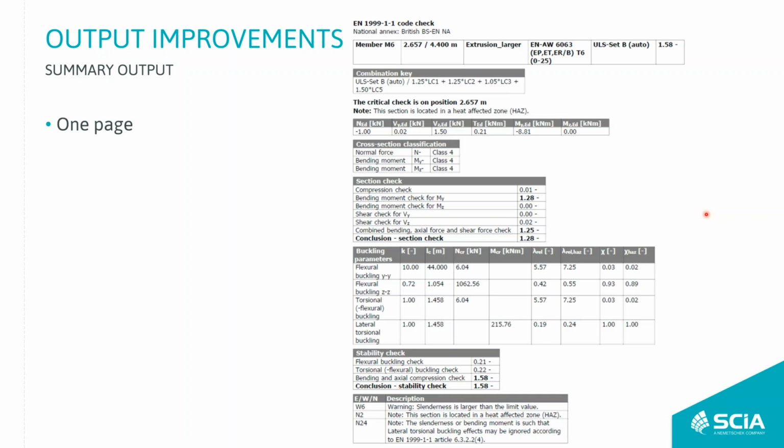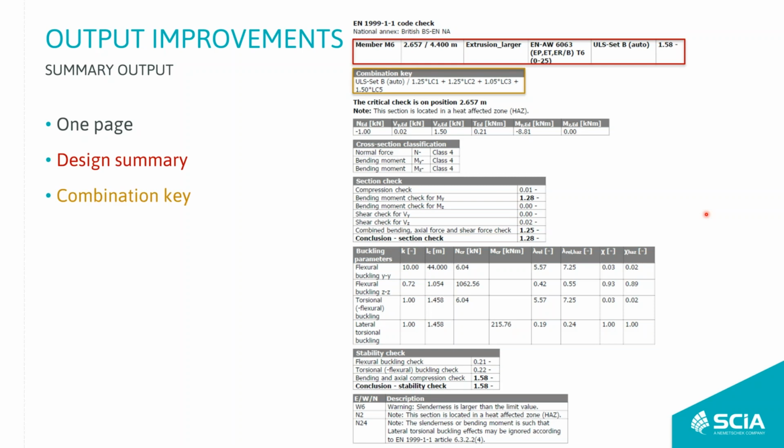So we concentrated on creating the summary output, which could fit one A4 page, where we include the design summary with the information related to the combination key, appropriate internal forces, and also the classification of the cross section, which class for the cross section will be used in checks.